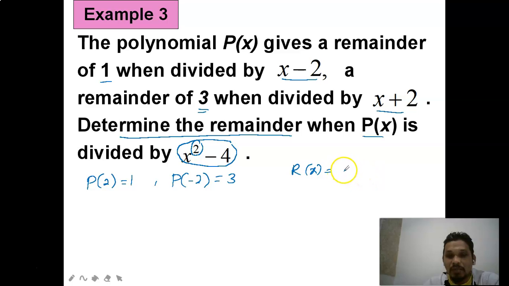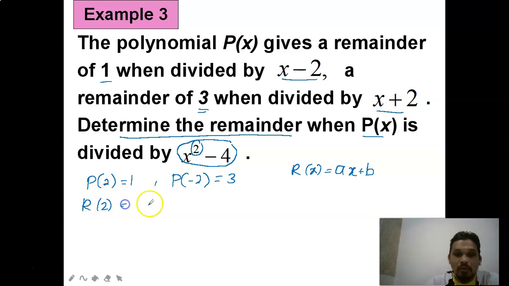So this comes out as ax plus b. We're going to use the definition R(2) equals p(2) equals 1. So the remainder ax plus b, substitute x with 2, comes out with 2a plus b equals 1.